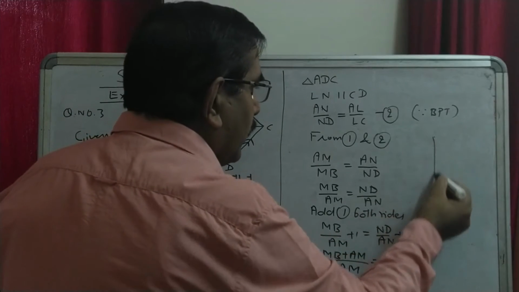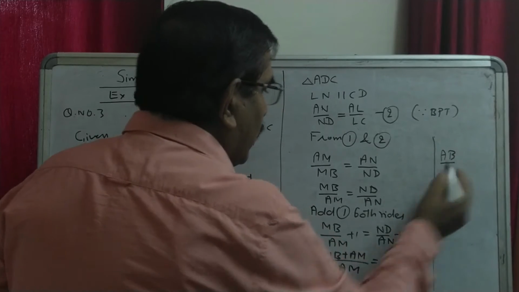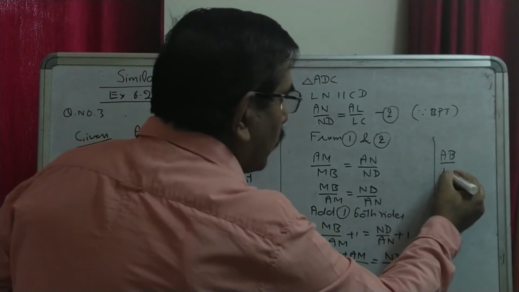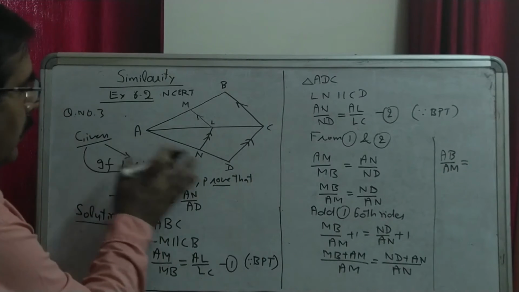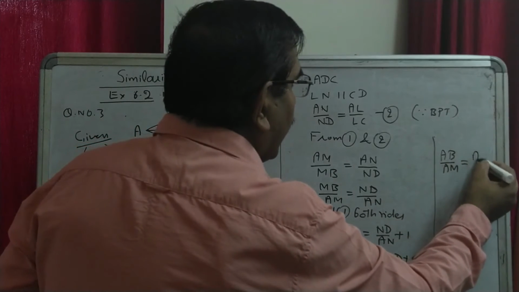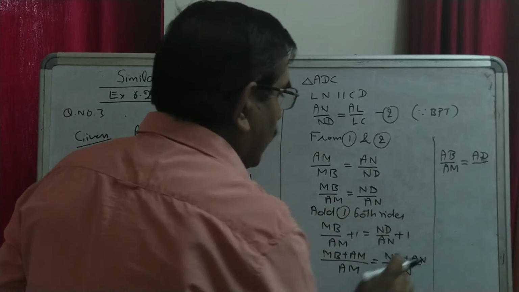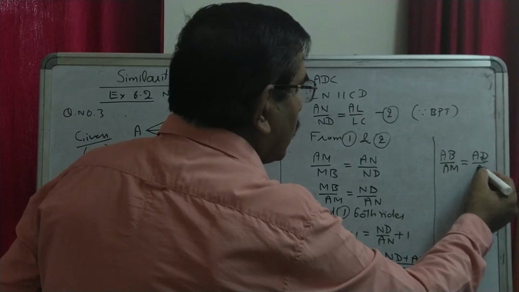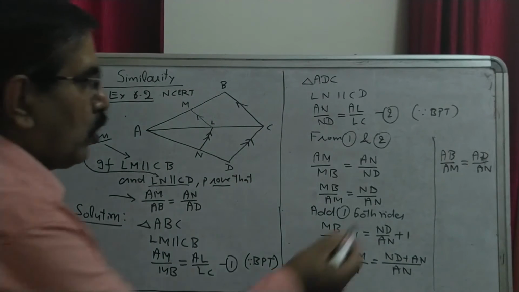So from here we get AB over AM is equal to ND plus AN. ND plus AN is nothing but AD. We get AD over AN. Okay, children. So you can take the reciprocal of this.